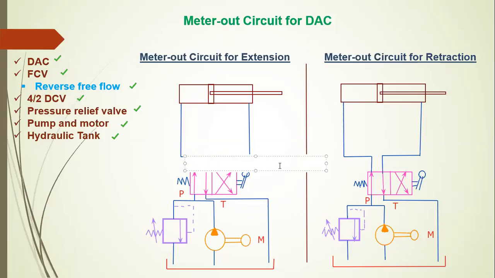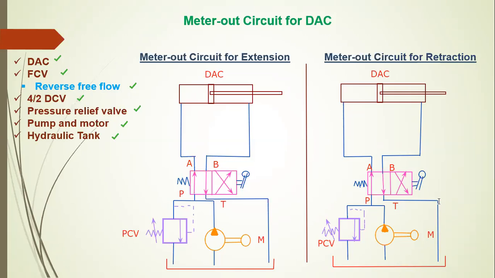These two circuits are connected to the hydraulic circuit connections A and B. Give the names for both circuits: here is A and here is B. This is the PCV. Here one actuator is used, the double acting cylinder DAC. These are the names given for all the component parts.